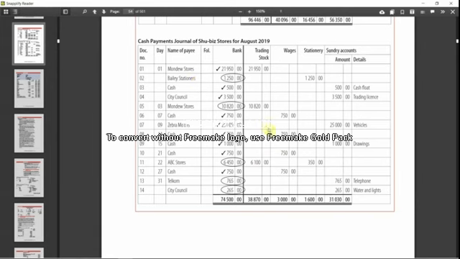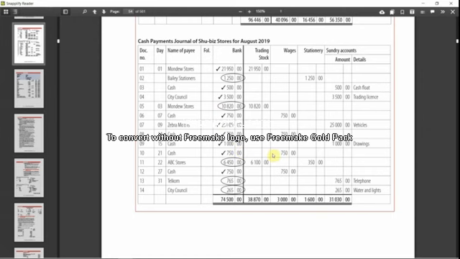Cash payments, we know it decreases bank, so we credit bank. So in our bank reconciliation statement, we will have to do the opposite. We need to do what the bank should have done, namely debit. But why did they not debit these yet? Remember, these are checks that we issued to various entities or individuals, and if those individuals did not go to the bank to present those checks, the bank would not be aware of it.